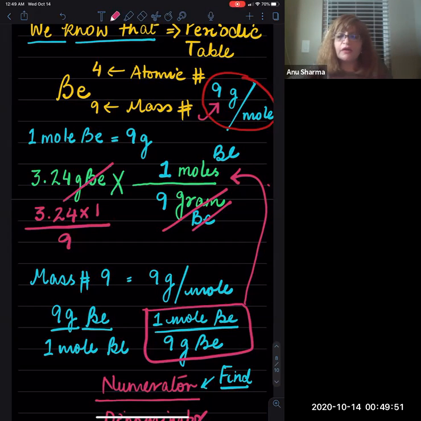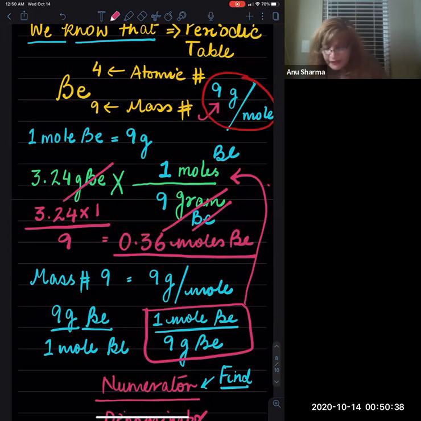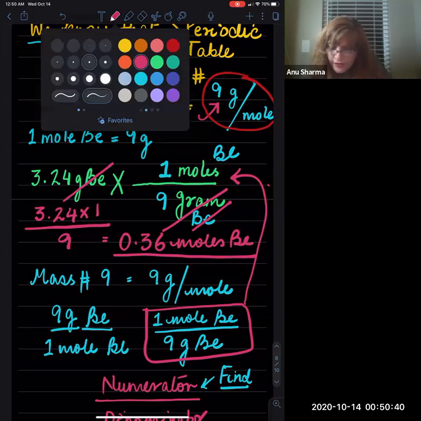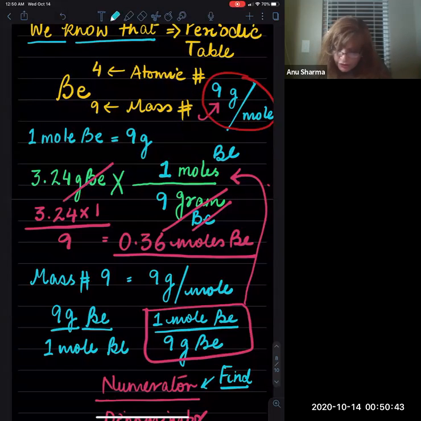Let's do the math now. We took 3.24 times 1 divided by 9, and we get 0.36 moles of beryllium. That is going to be your answer.